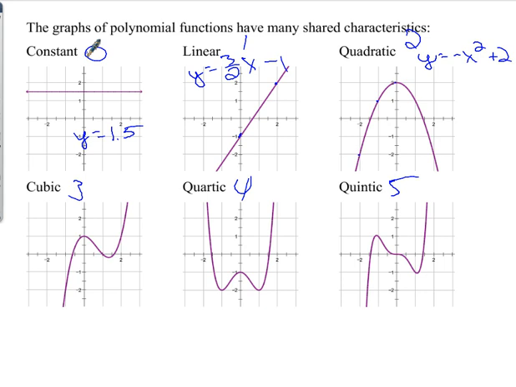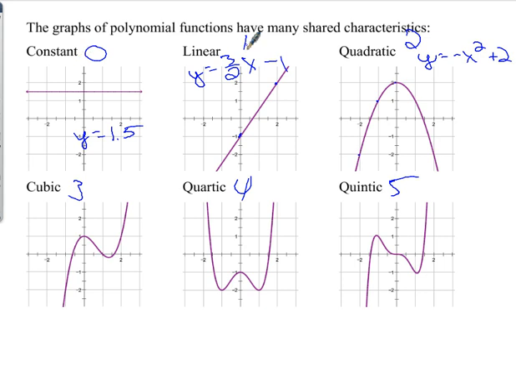A 0 degree has how many x-intercepts? Unless it's actually y equals 0, and then the whole thing is pointless. A linear function has how many x-intercepts? Does it always have 1? Is there a linear function that could have 0? Not of 1 degree. This is technically linear, but it's a 0 degree.